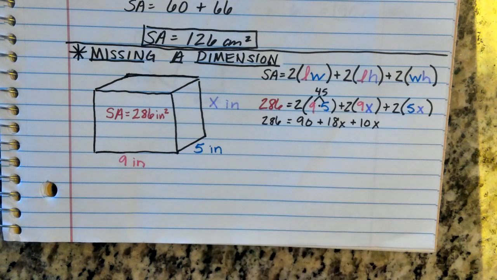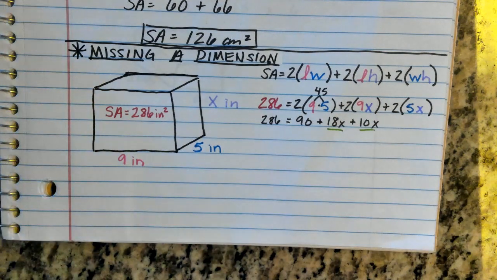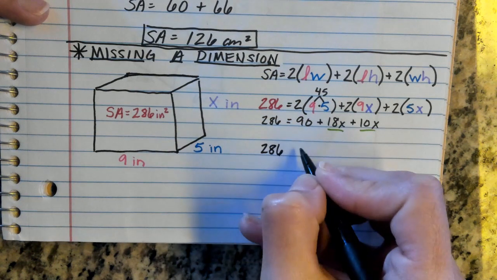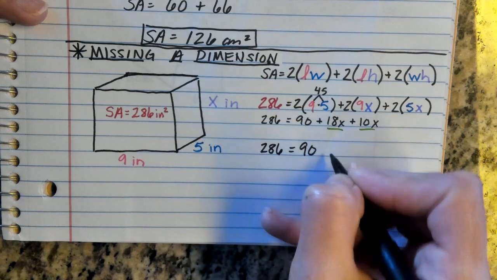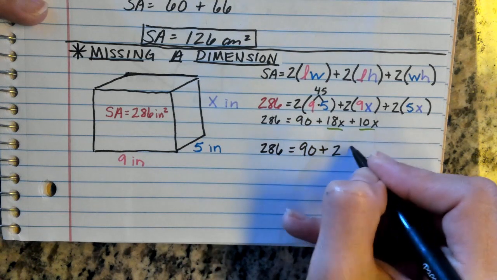So now we need to make sure that we combine our like terms. 286 is equal to 90 plus 18 plus 10 gives us 28 x's.